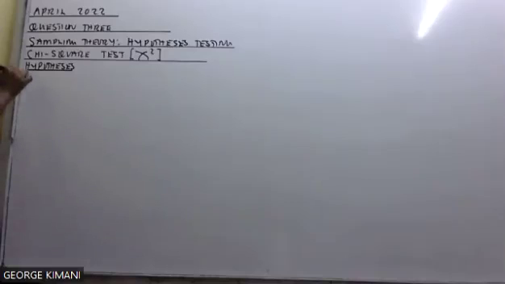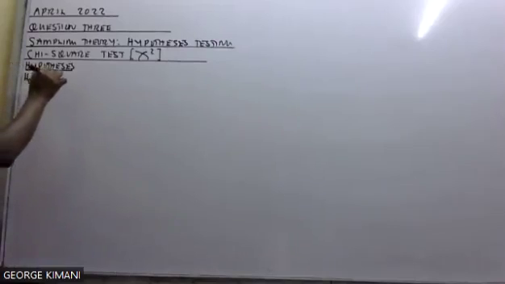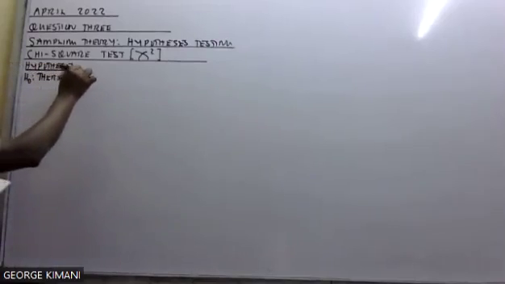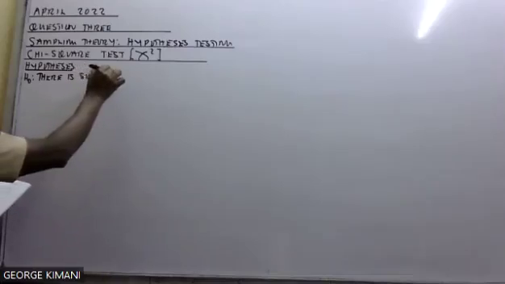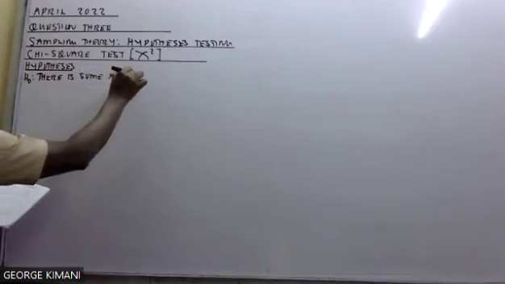Now, in the hypothesis, the null, I told you in chi-square, it is always stated as there is some association.